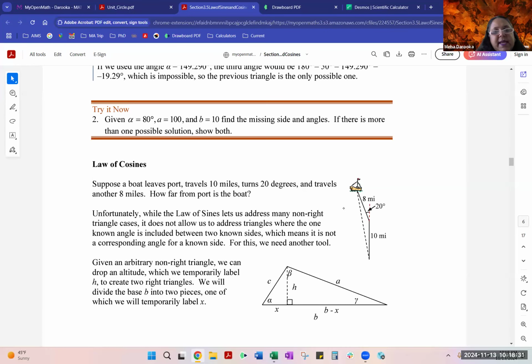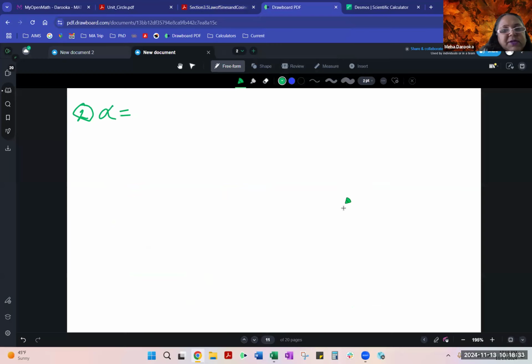Okay, so this was try it now, number 2. We are given angle alpha, which was 80 degrees. Side A is 100.